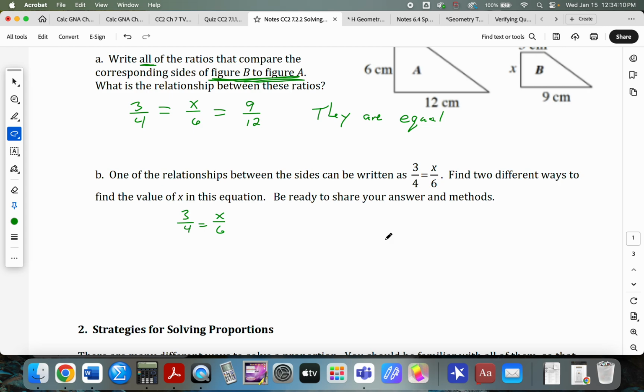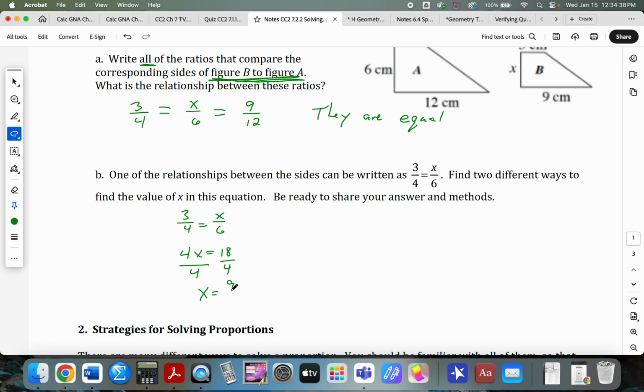I don't know how to do it, but I know you can cross multiply. Well, that would be how you could do it. You go diagonally across the equal sign. So 4 times x is 4x, and equals 3 times 6 is 18. Divide both sides by 4.